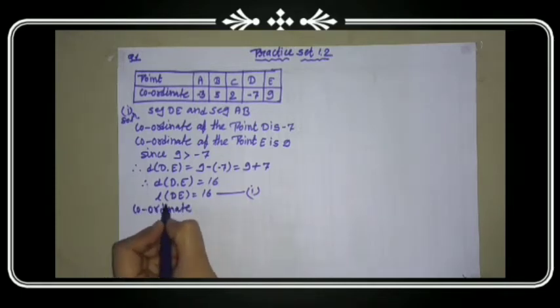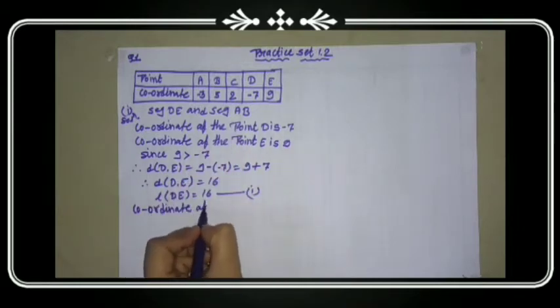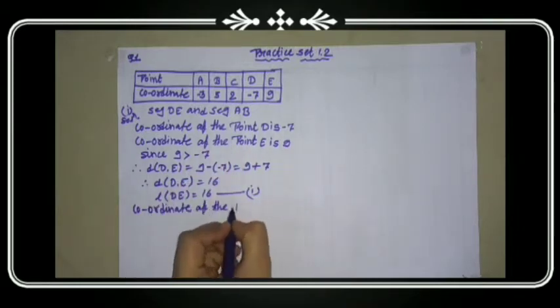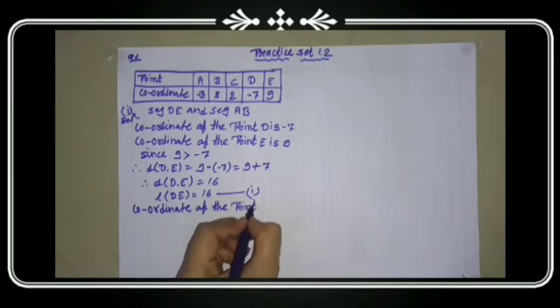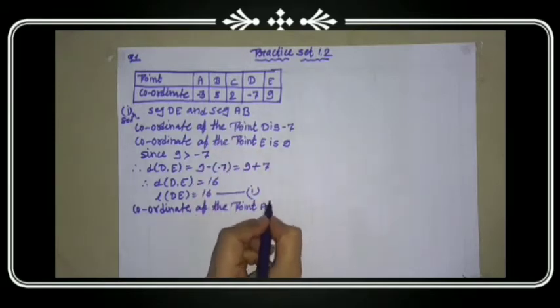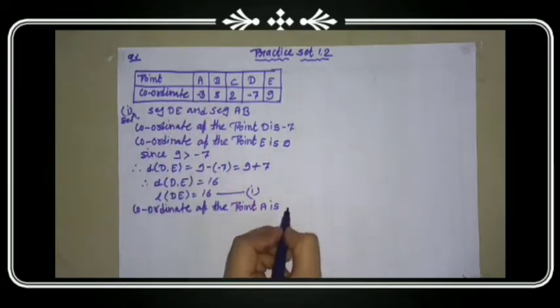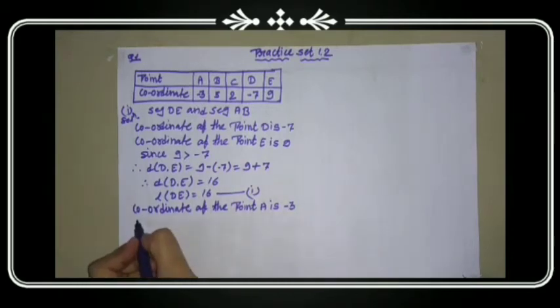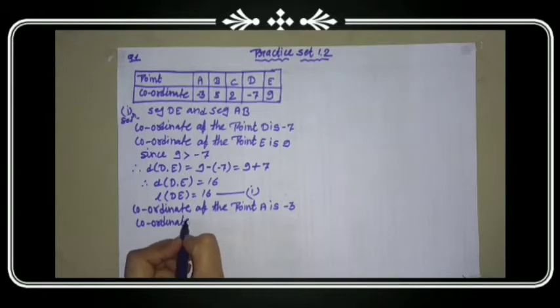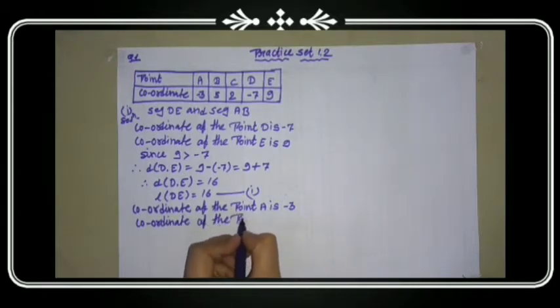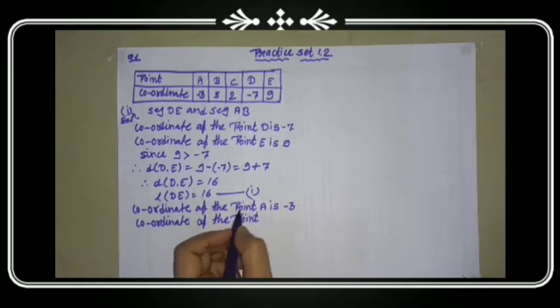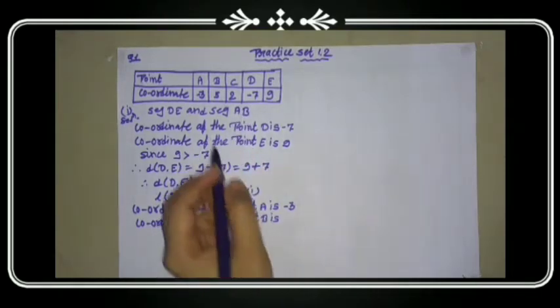Coordinate of the point A is -3 and coordinate of the point B is 5.